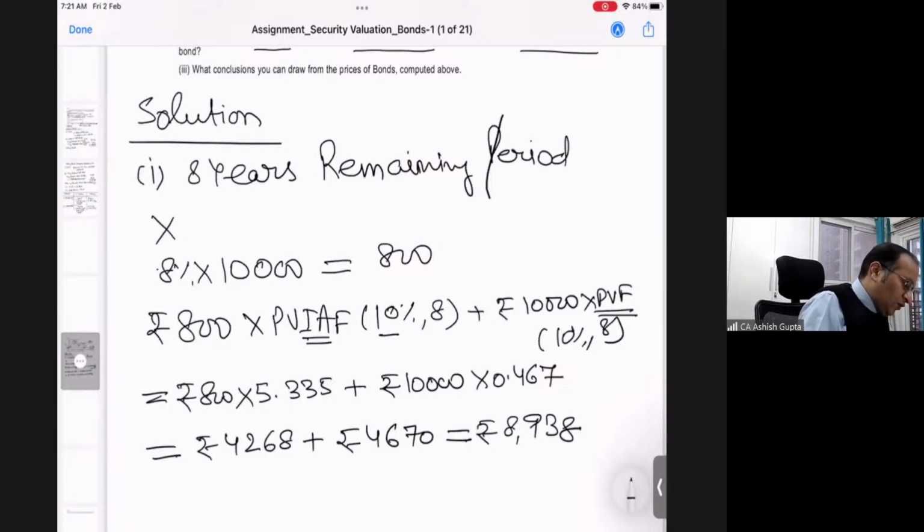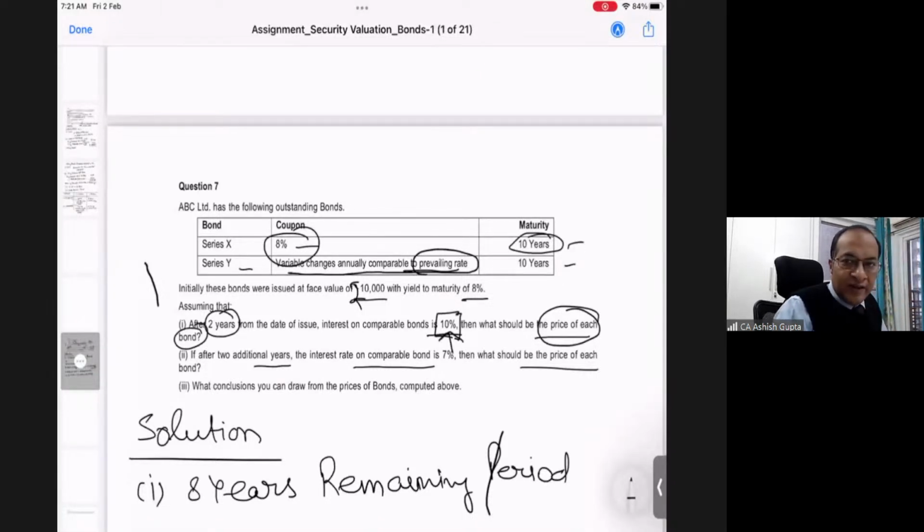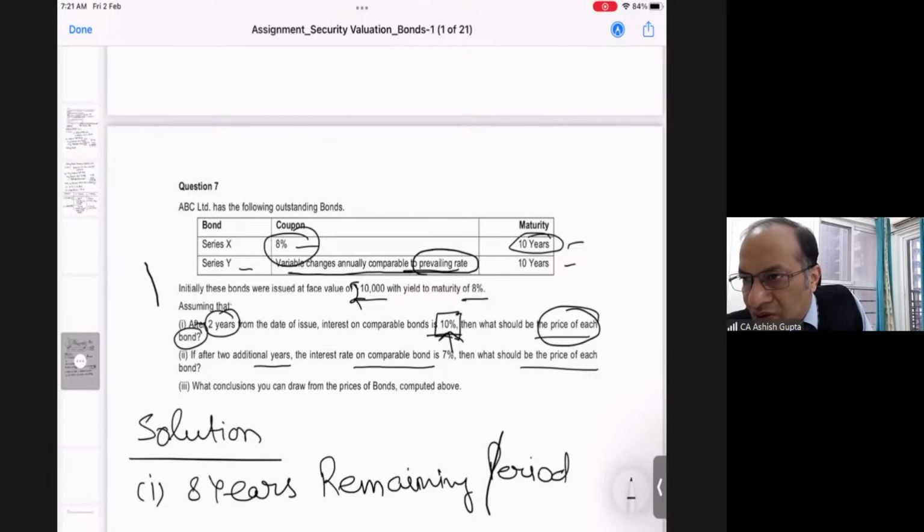Clear, students? Now we come to the second part. It says it is a variable rate which changes comparable to the prevailing rate. Now here the prevailing rate is 10%. So accordingly, the coupon rate for the same bond will be 10%. Okay, thank you.